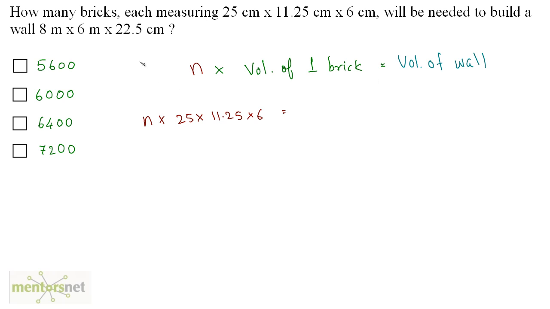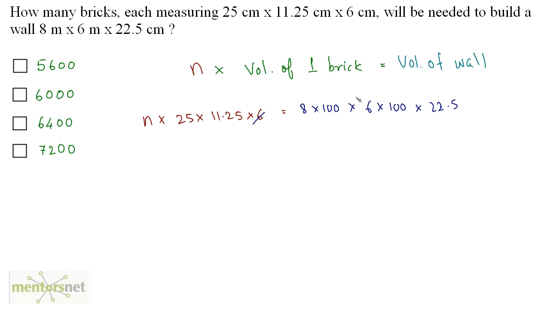Well, the measurements of this wall are given in meters. So let's convert those into centimeters. So 8 meters is 8 into 100 centimeters, times 6 meters, which is 6 into 100 centimeters, times 22.5 centimeters. So let's put it as it is, 22.5.